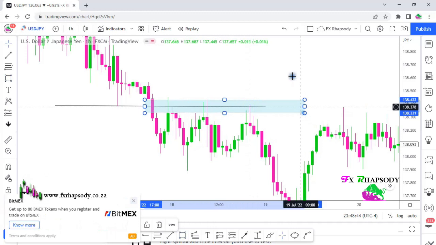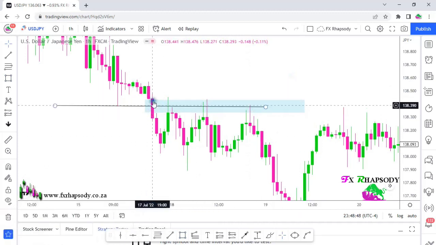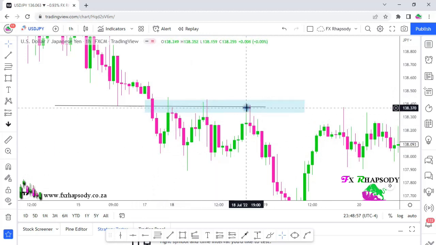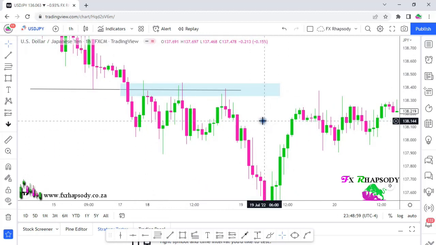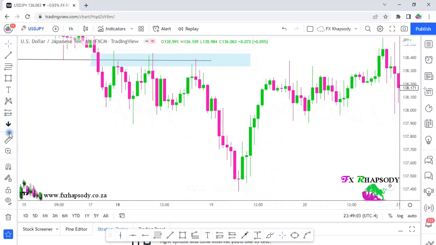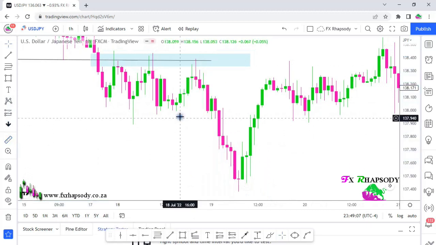You can draw that to the side so you can see that beautiful imbalance created by this candle breaking that structure. Price came back to that fair value gap 3 times. So you had 3 opportunities to enter for a nice little sell off, a nice 80 odd pip move downwards.